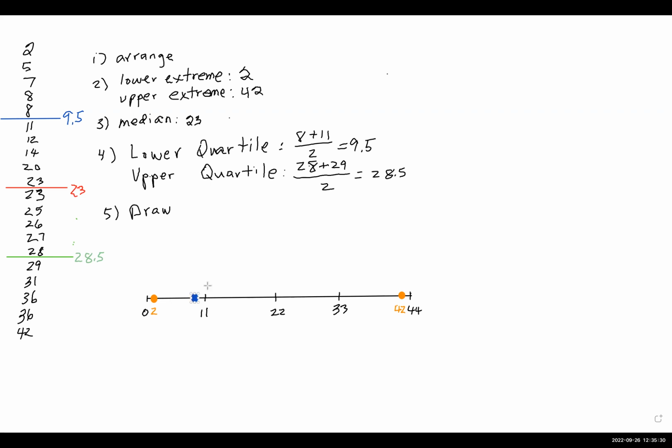Okay, that is my 9.5. And then my upper quartile, which is green. What was the upper quartile? 28.5? Yes. Okay, 28.5.